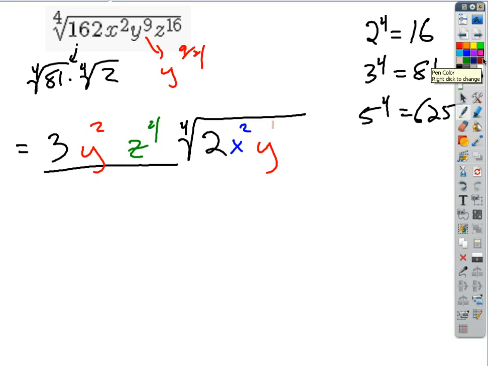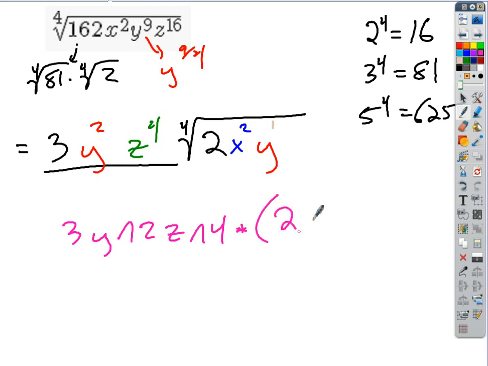All we really could do is enter it as a power. What would the exponent be? Ah, yeah, 1/4, wouldn't it? So in Moodle, we just enter this as 3y squared z to the 4th times the quantity 2x squared y to the 1/4.